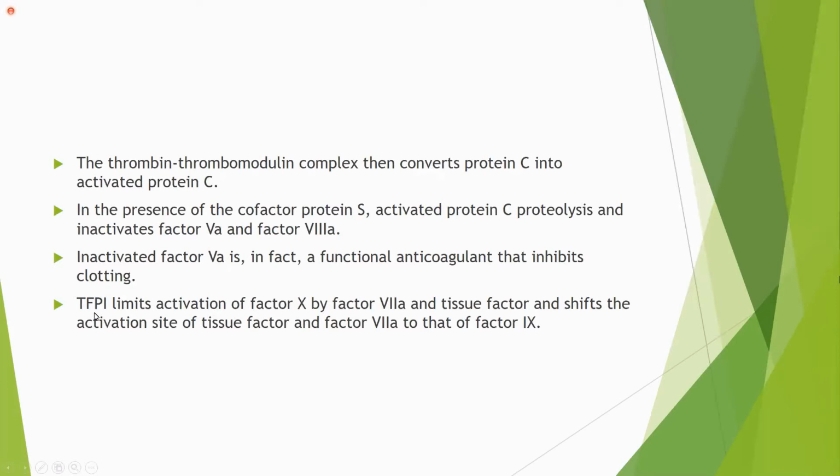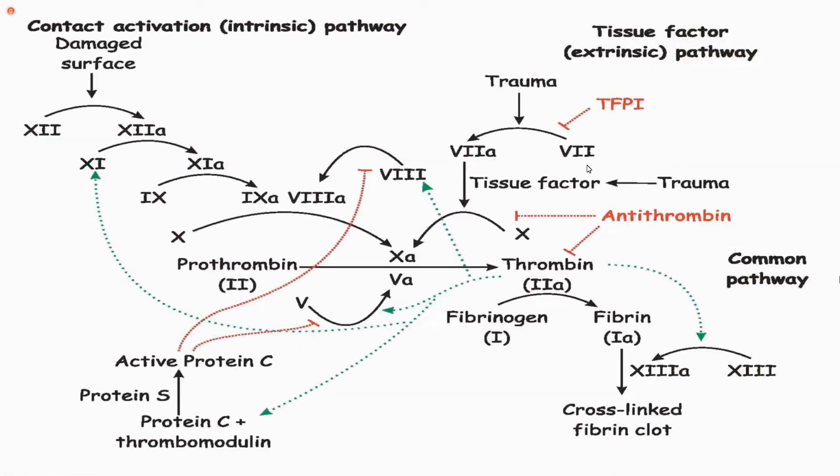The tissue factor pathway inhibitor limits the activation of factor 10 by factor 7 in the tissue factor complex and shifts the activation site of tissue factor and factor 7 to that of factor 9. So you can see at every step of the coagulation pathway, there is an inhibitor available. The tissue factor pathway inhibitor acts on the factor 7A complex, antithrombin 3 acts on factor 10 and thrombin, then protein C and protein S act on factor 8 and factor 5.